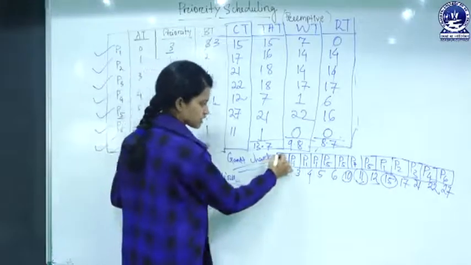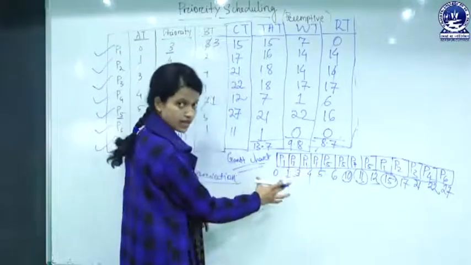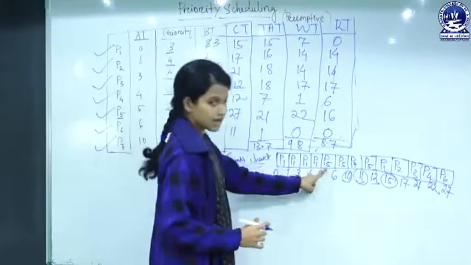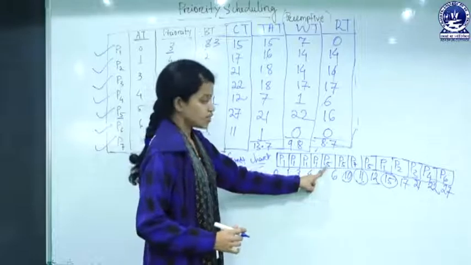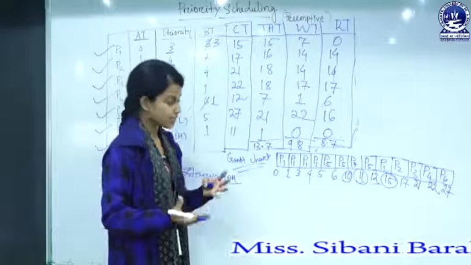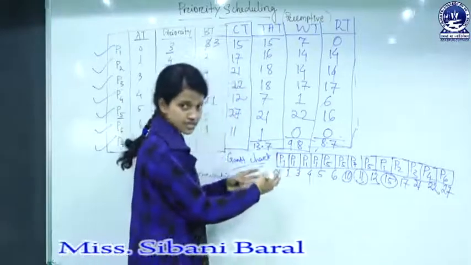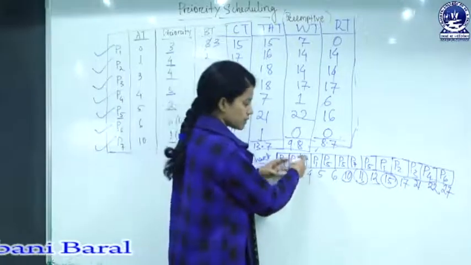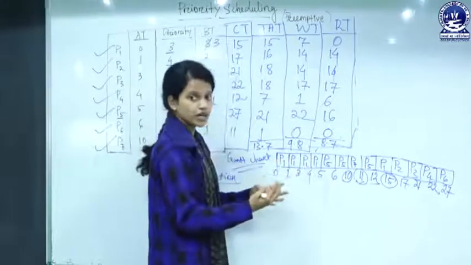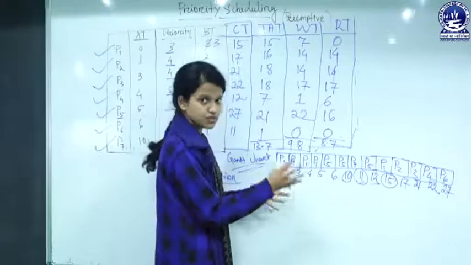See, P1 is the currently running process in this example Gantt chart. If the newly arrived process P5 has higher priority than the currently running process in the CPU, then P1 would be preempted from the CPU to the ready state and the CPU would be allocated to the newly arrived process as per priority.